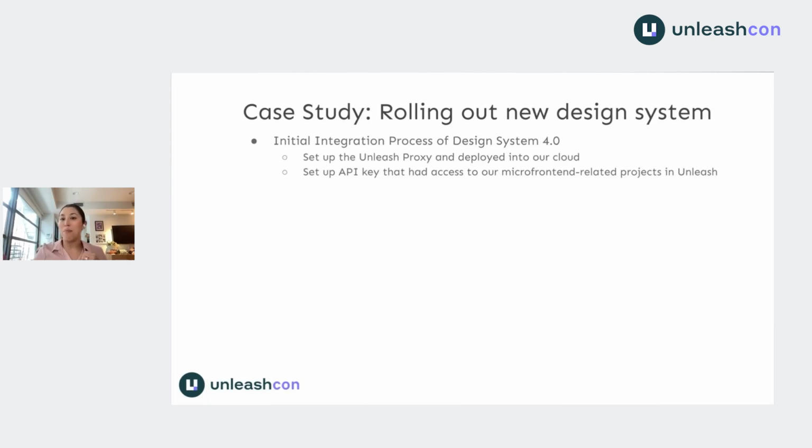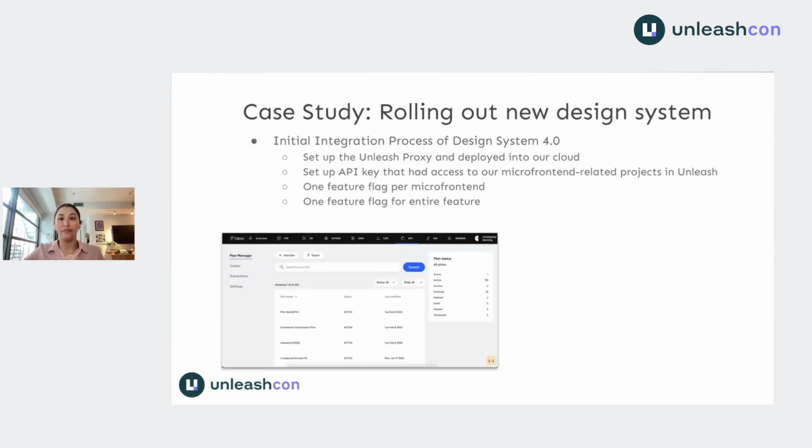We had to set up an API access key that all of our micro front ends had access to, so that Unleash could see which feature flags were available to our micro front ends. We had one feature flag per micro front end related to our Design System 4.0, and then we also had one feature flag for the entire feature.